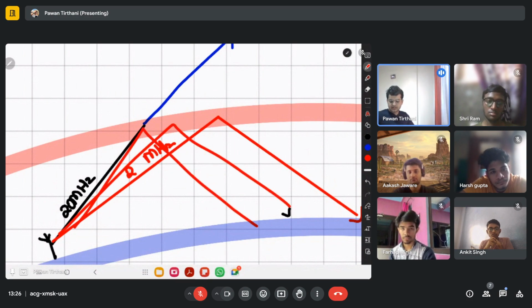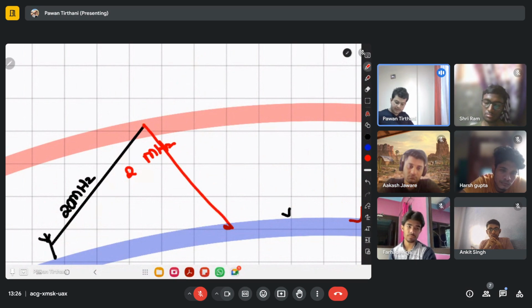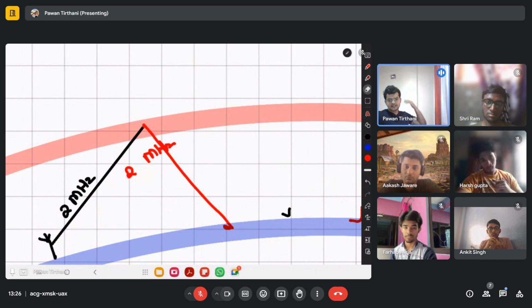So this is no longer the first returning sky wave. The first returning sky wave is this now, because this one became 20, this became 2 megahertz. Whenever the frequency increases, the range has to go up, up, up. Okay.